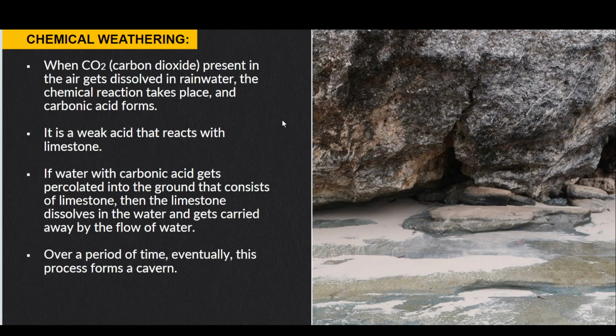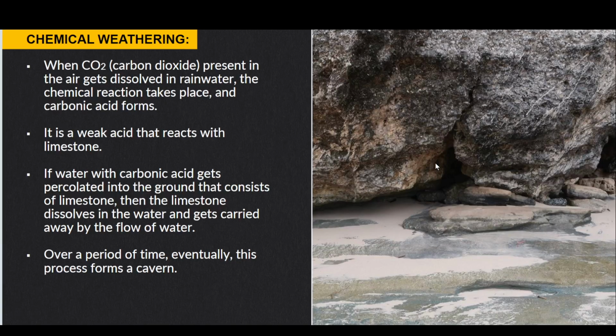Chemical weathering, one more example: when carbon dioxide is present in the air, it gets dissolved in rainwater, and a chemical reaction takes place and it forms carbonic acid, which is a very weak acid that reacts with limestone.